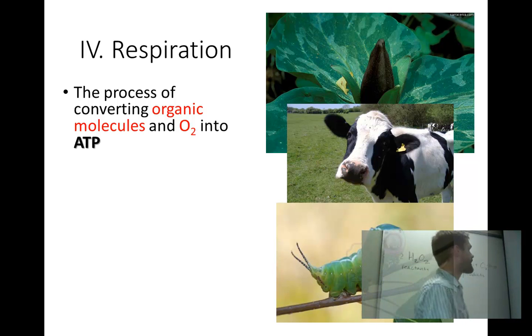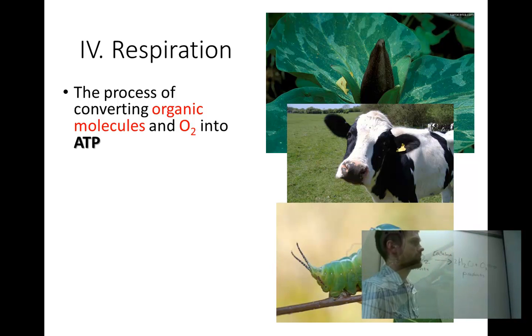All right, so there are two kinds of respiration. There's breathing in and out, and then there's cellular respiration. Here we are talking about cellular respiration, which is converting organic molecules and oxygen into ATP, which can be used for energy.